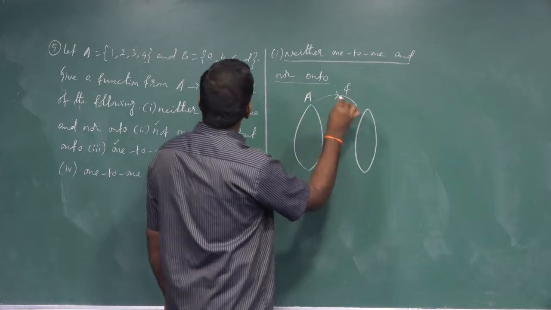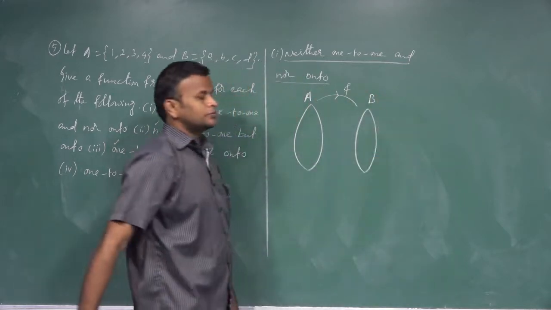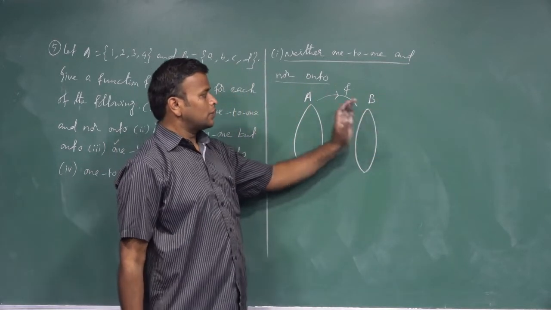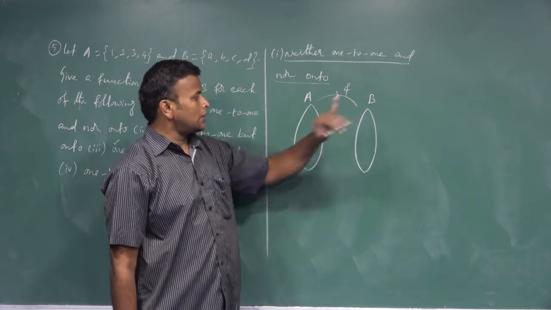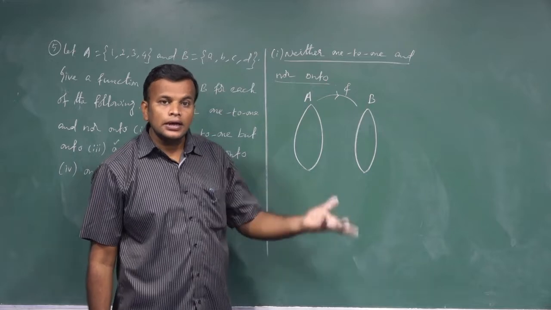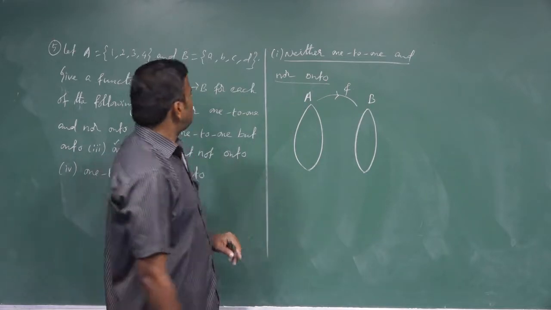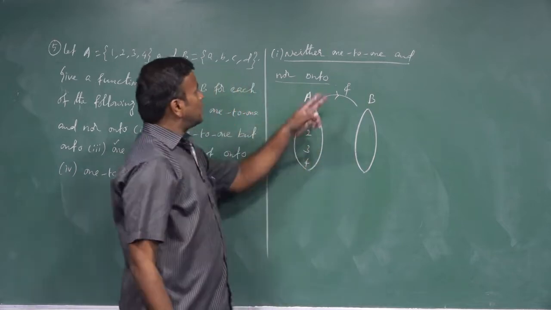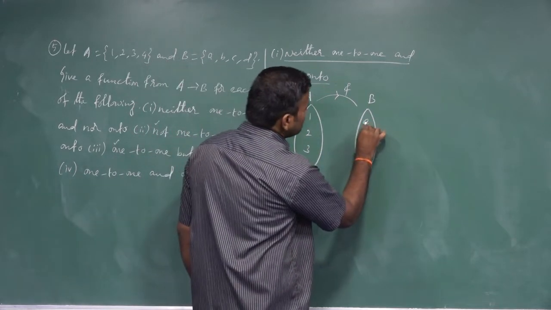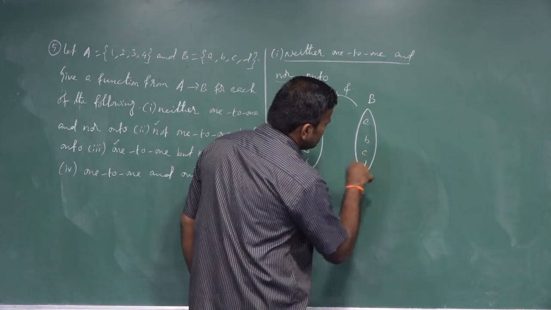The names of the sets A and B are given. In the arrow diagram, I will create the function named f, and the sets A and B. Next, we write the elements of A and B. The elements of A: 1, 2, 3, 4. The elements of B: a, b, c, d.